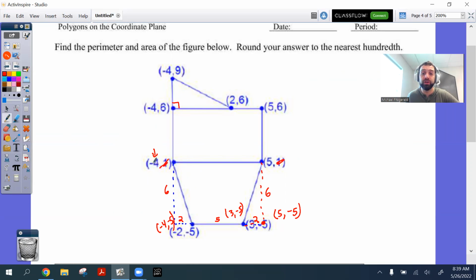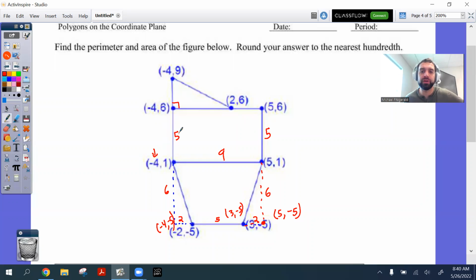From -4 to 5, how much do I move? 9 units. Same sort of thing with here. The 5 is the x unit. We're only moving up and down though. We don't need to worry about that. If we're moving from 6 to 1 or from 1 to 6, we move 5 units. And it's the same thing there.